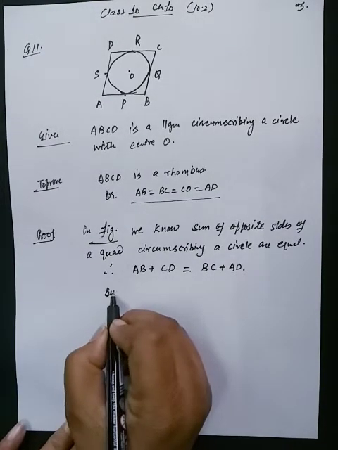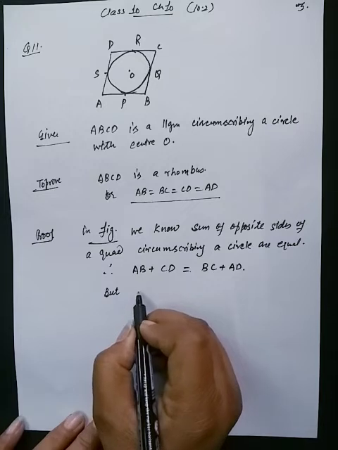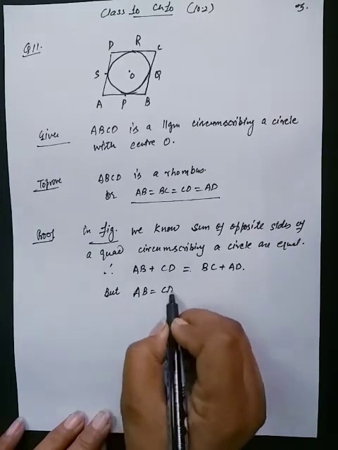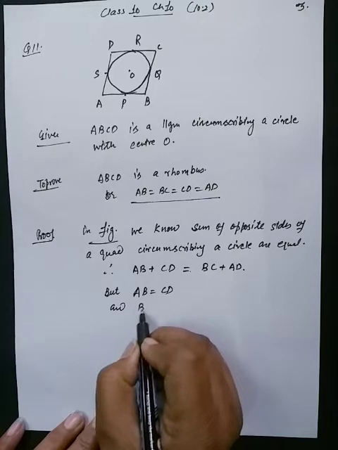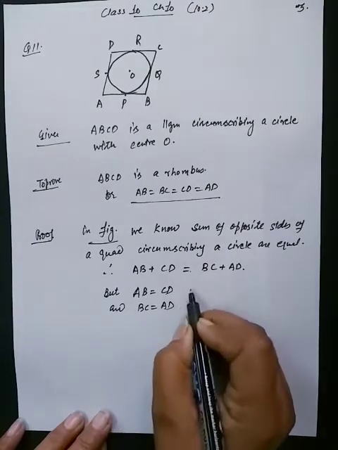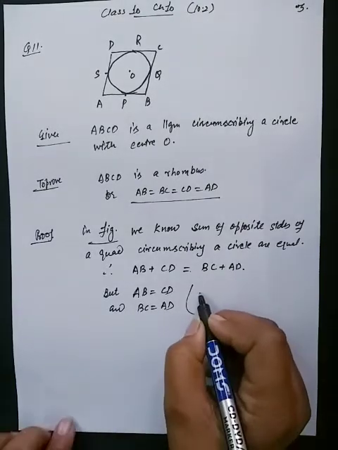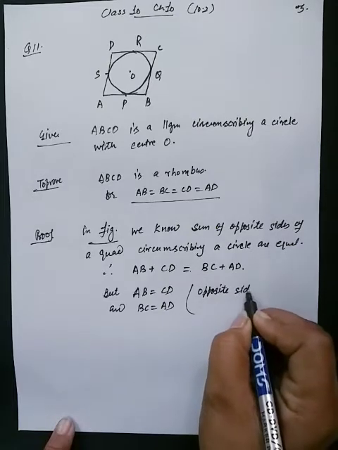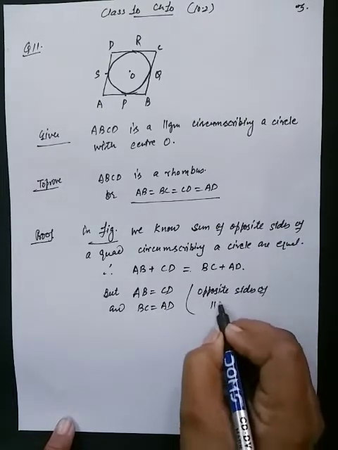But ABCD is a parallelogram. So therefore AB is equal to CD and BC is equal to AD. Why are these two sides equal? These are opposite sides of a parallelogram.